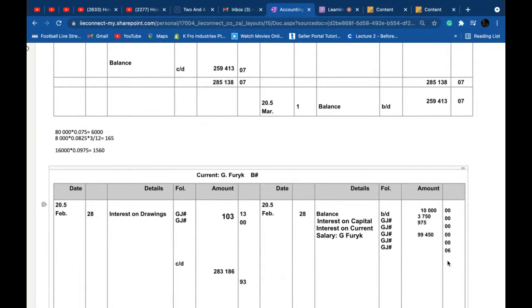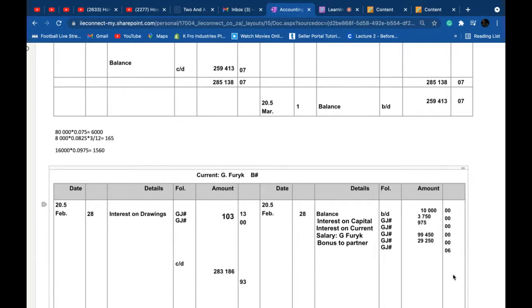Then it says G must receive an annual bonus of 29,250 at the end of the financial year. So no problem. Here we just write bonus to partner, 29,250. Okay, dealt with that.